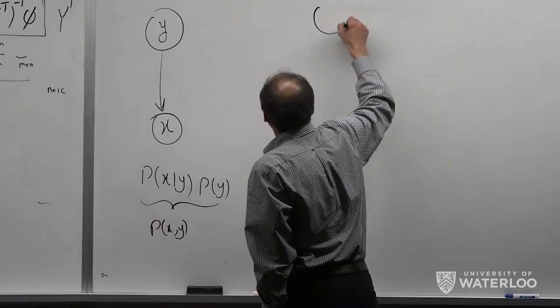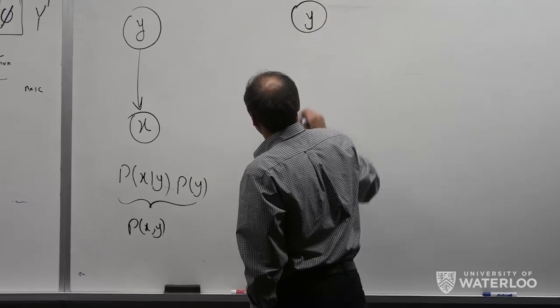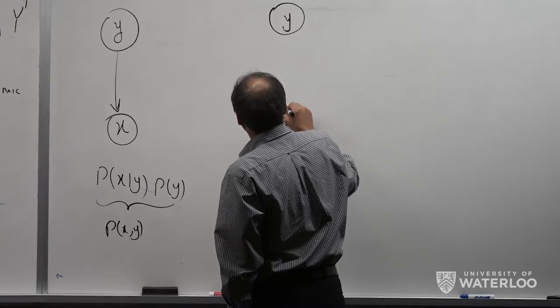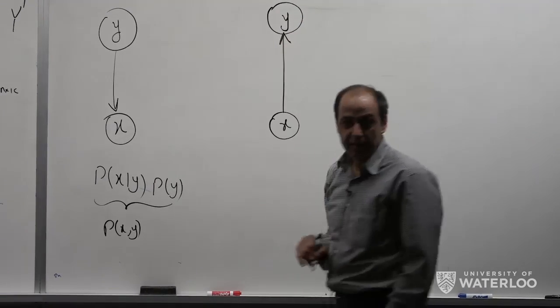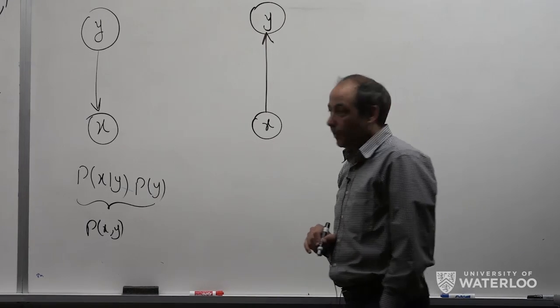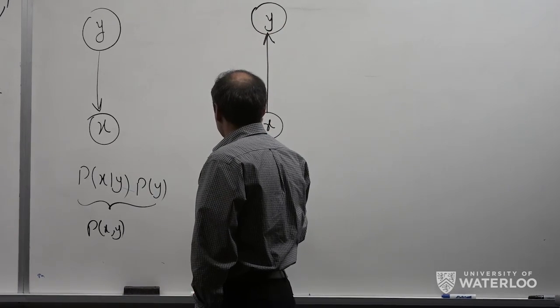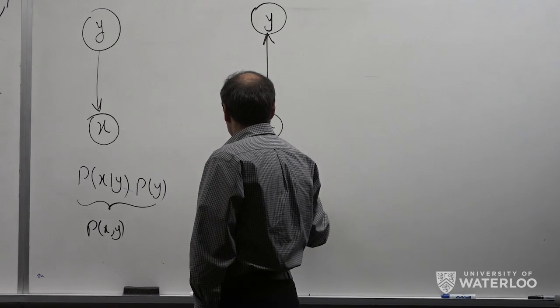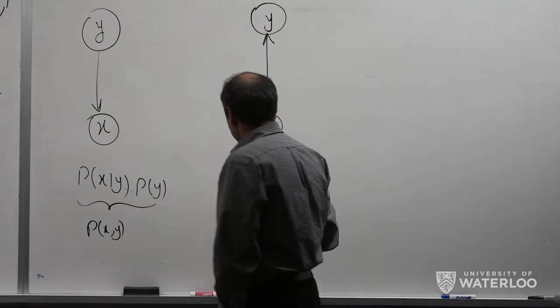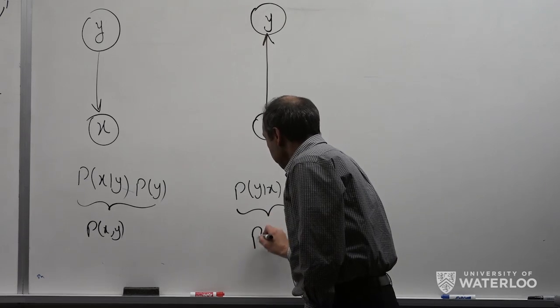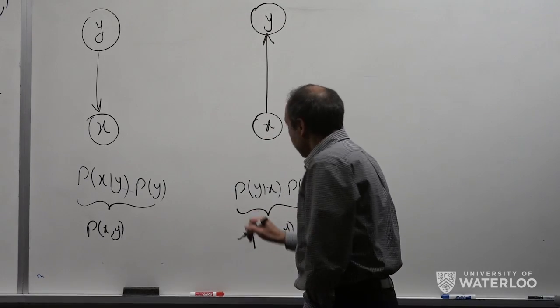But if I show the model this way, it means that, again, child given parent, it's P of y given x times P of x. Again, this is P of x, y.